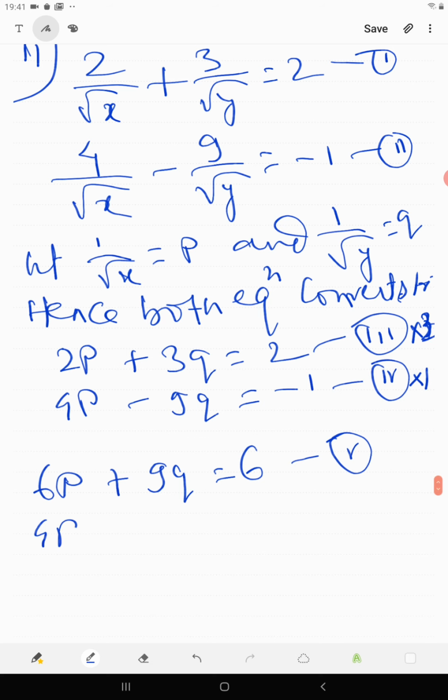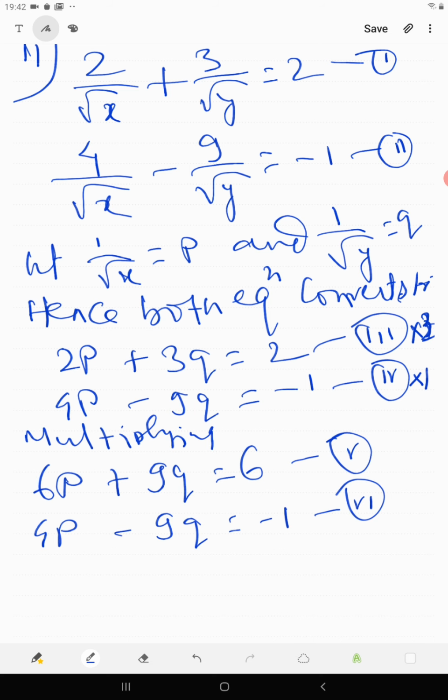So 4p minus 9q, as it is, minus 1. This, suppose I am writing it as 6 after multiplying. Here you can also write multiplying equation 3 by 3 and equation 4 by 1. You will get this. So please, if you wish, you can write it over here. Multiplying equation 3 with 3 and 4 by 1, what we will get? That we have written.